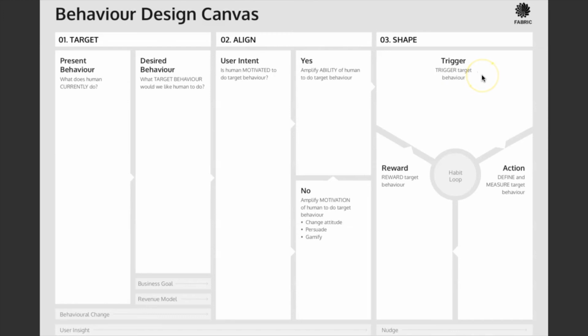The third stage of the canvas is really the shaping of that behavioral change into something that's more repetitive and longer lasting. And essentially, this is a classic habit loop. There are a few different kinds of habit loops that we can learn from psychology and sociology, and these become the basis for the pattern here.